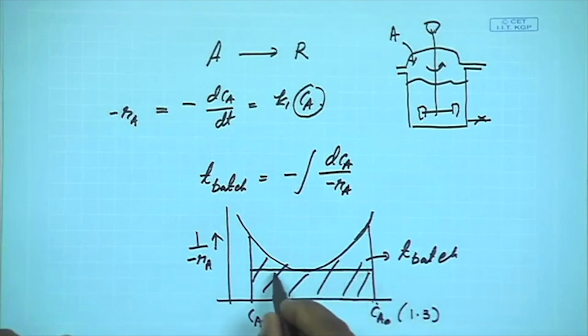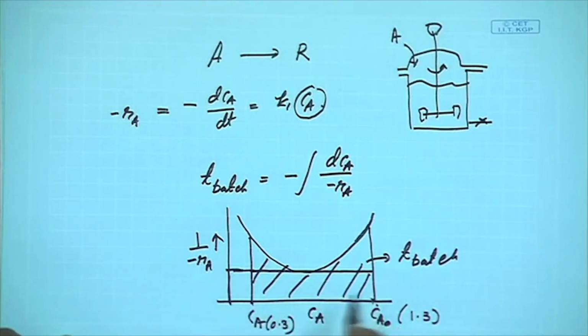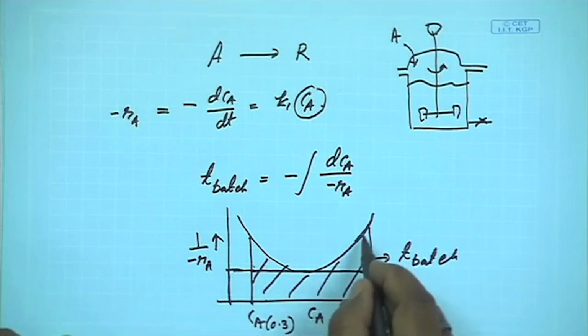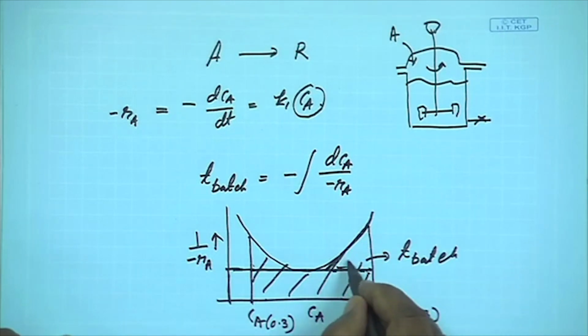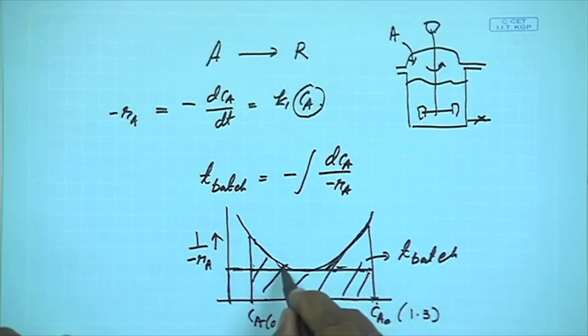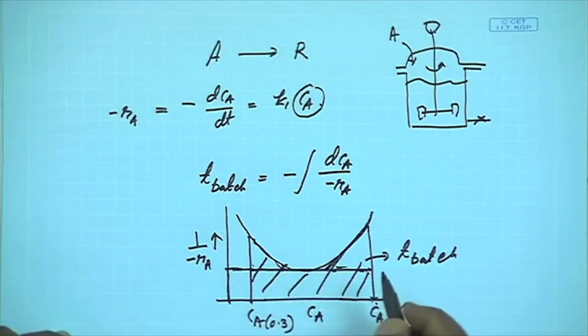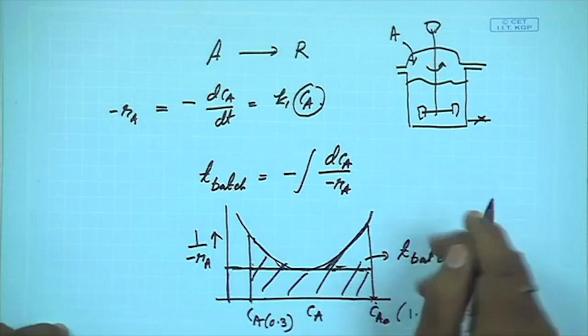If you draw it like this, this is the area of a triangle: you know the value of this, you know the value of this, and the triangle is half base into altitude, so you can find out the area. On a centimeter graph paper, you can find out what each square corresponds to in time, so you can do the calculation and find out the T batch.